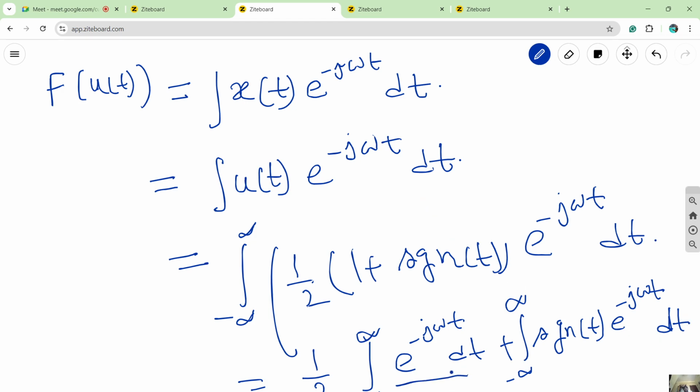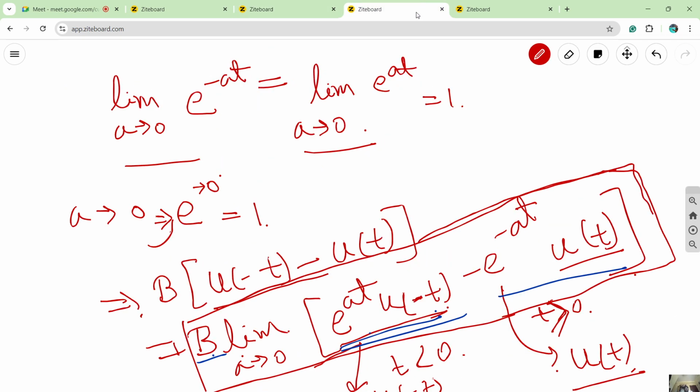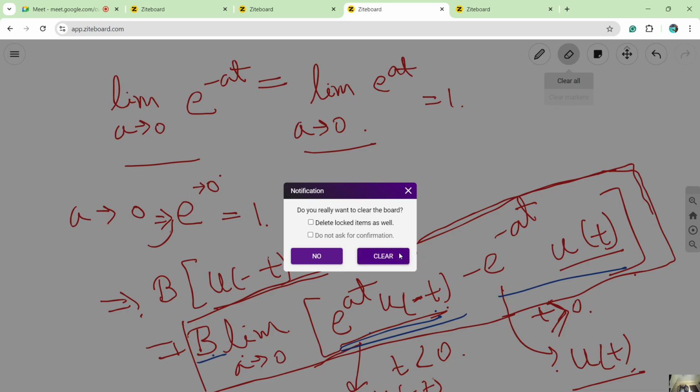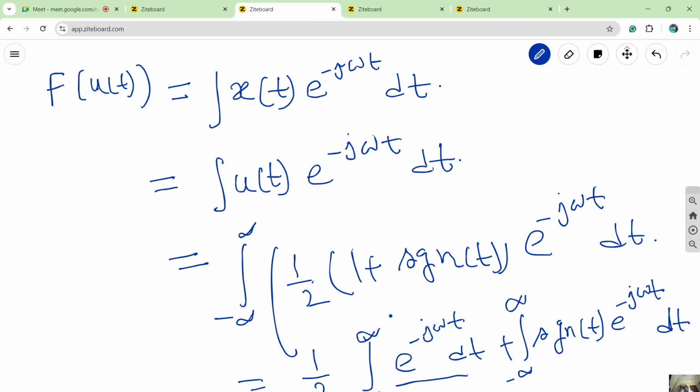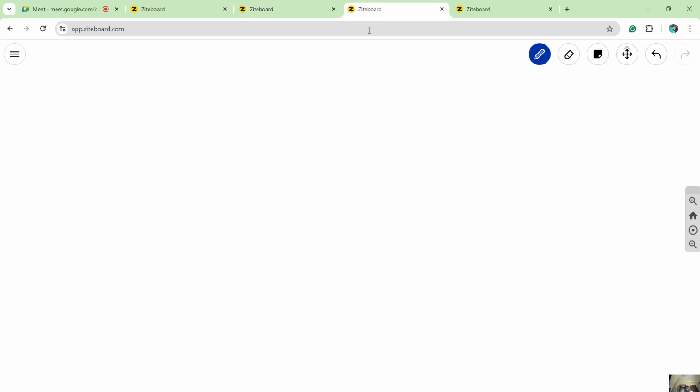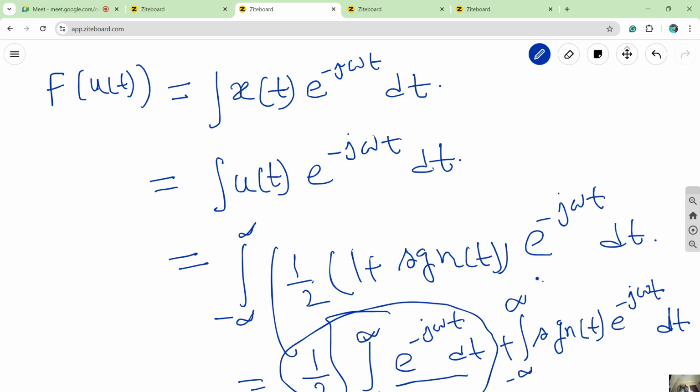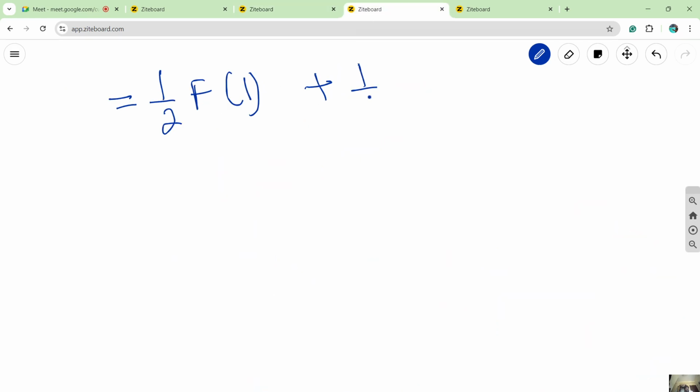Now this whole one becomes half of the Fourier transformation of 1, plus this whole term actually. Sorry, there is no half term. This is actually the Fourier transformation of the signum function.